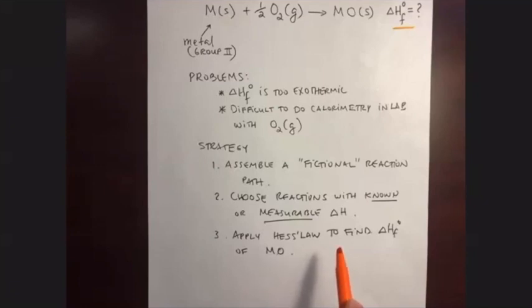Or another way of saying it is that for a chemical reaction, the enthalpy is not dependent on the path of the reaction or the steps that it takes or the mechanism that it takes. It just depends on the initial and final states. So we're going to do this to find delta H for this metal oxide.